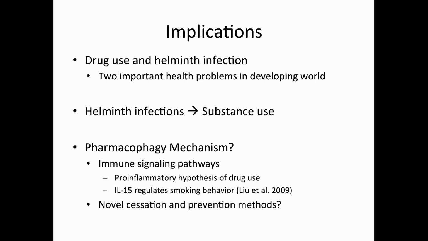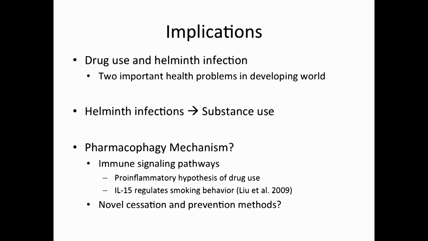So for example, interleukin 15 regulates smoking behavior. This is a really interesting study done by Liu and colleagues. This is part of the larger pro-inflammatory hypothesis of drug use. People are starting to realize, hey, these pro-inflammatory cytokines and immune signaling molecules are important for regulating people's drug use behavior, but they don't know why.